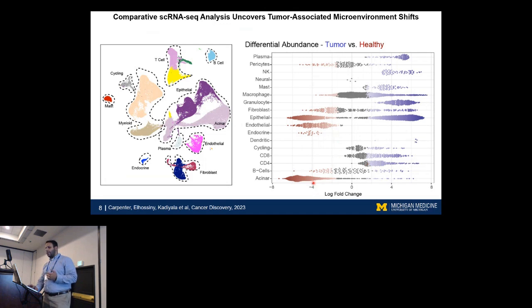We see more acinar cells, which create the pancreatic juice, in the healthy individuals. But when you get to the tumor, you see enrichment of more immune cells, which is a known hallmark of cancer generally. We see that other cell types, such as the epithelial cells, seem to have a dichotomy, with different shapes and different types of epithelial cells across both tissue types.